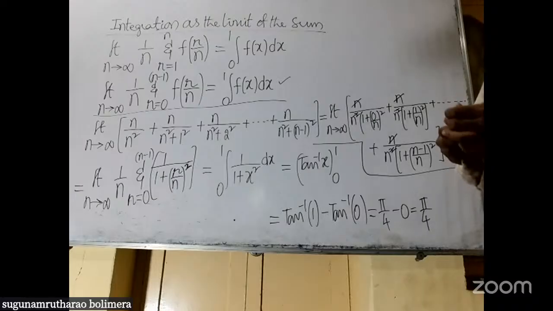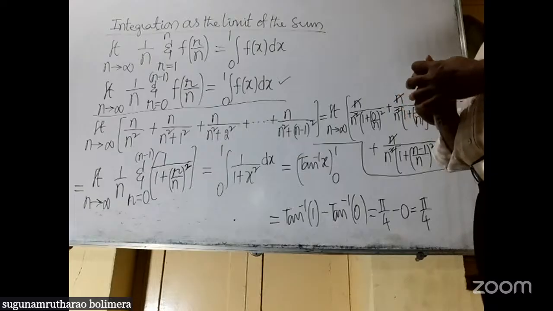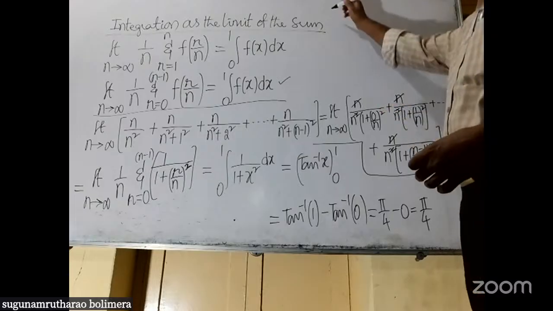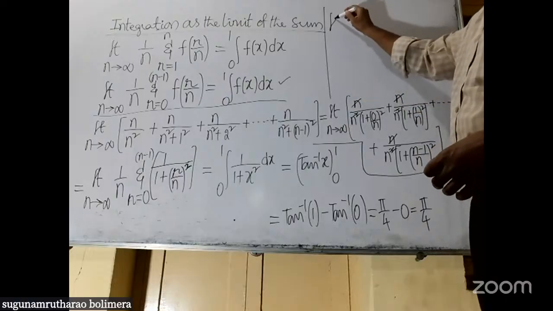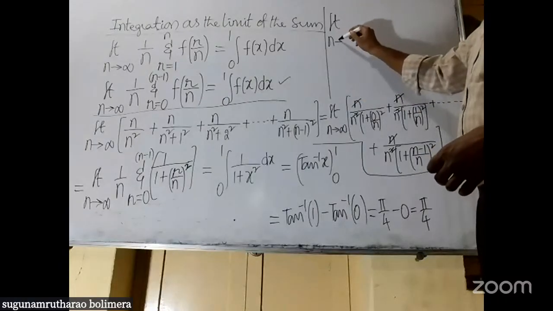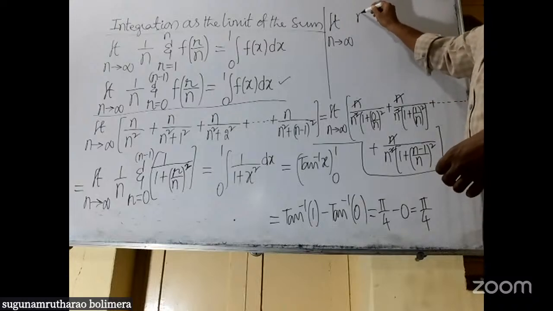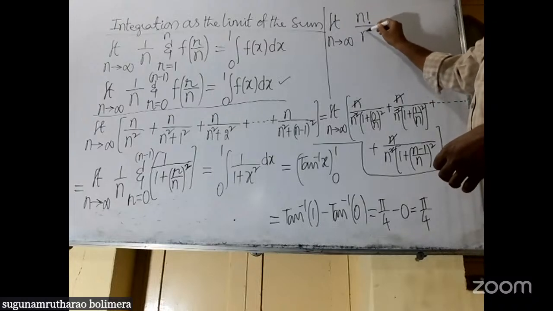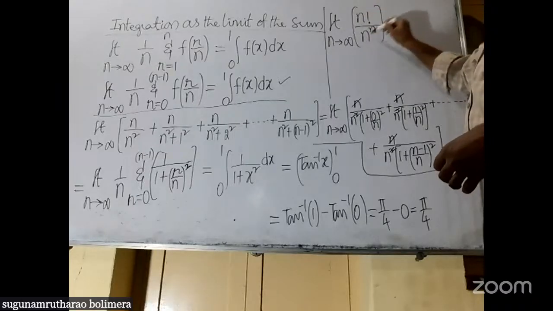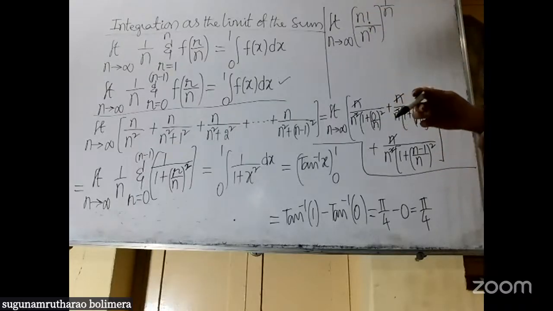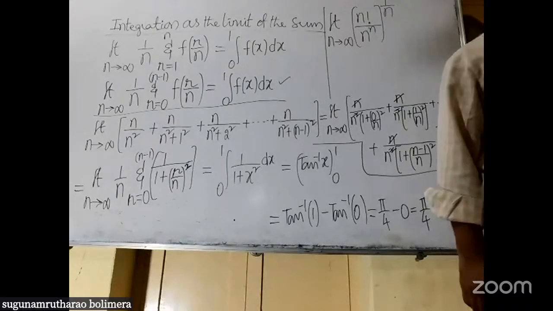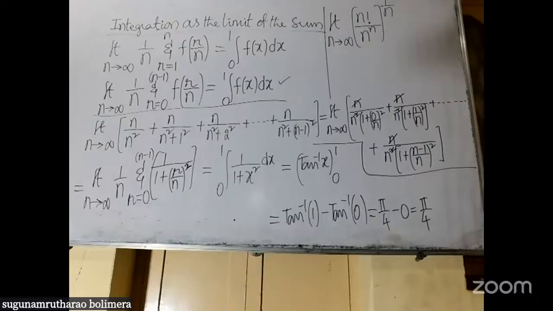Limit n tends to infinity of (n factorial by n power n) whole power 1 by n.